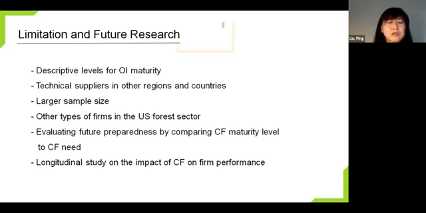And also due to the time lag characteristics of innovation and corporate foresight, we suggest a longitudinal study on the impact of corporate foresight on firm performance.